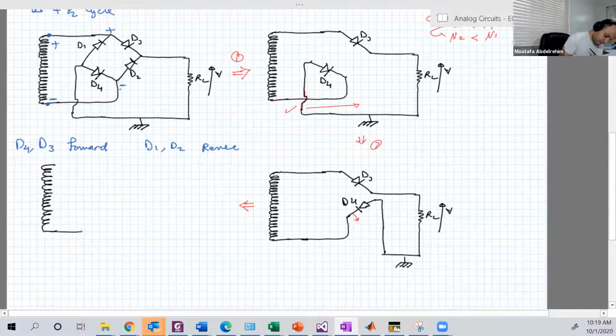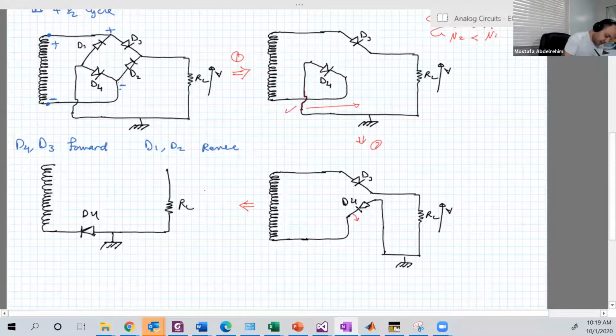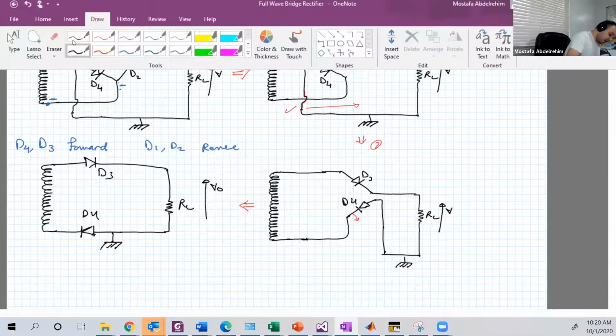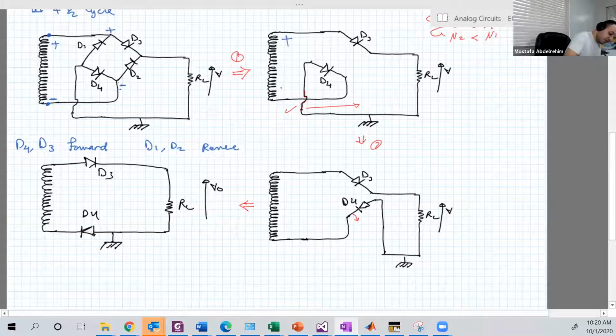Okay. This is D4 now. This is the ground. Then this is the resistor, or R_L. This is VO. Okay, and this is D3. And in all these drawings, positive, negative, positive, negative.